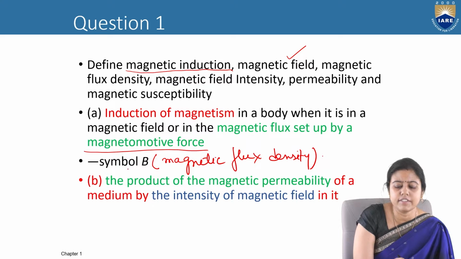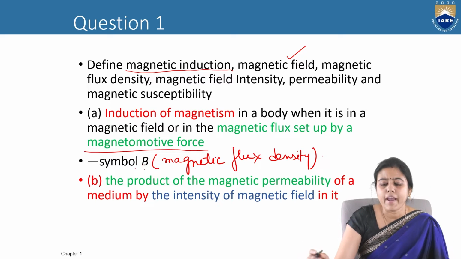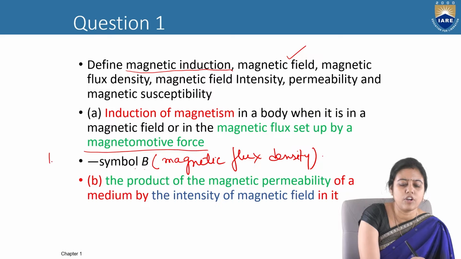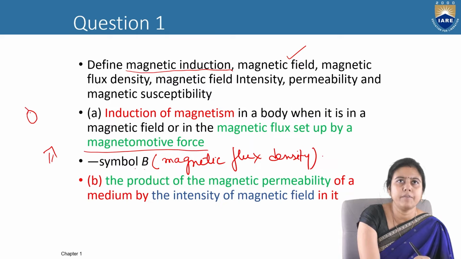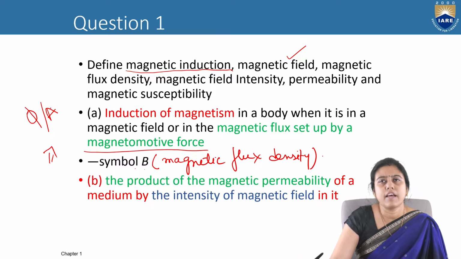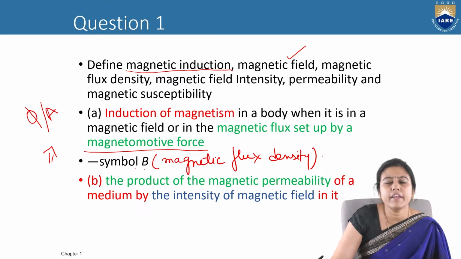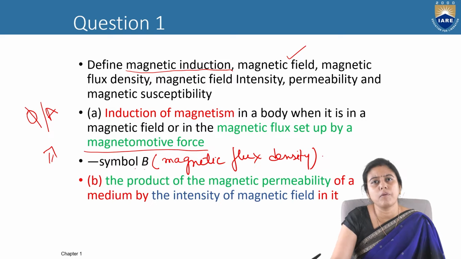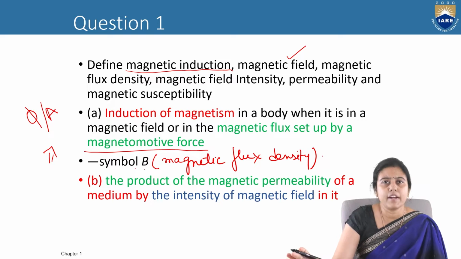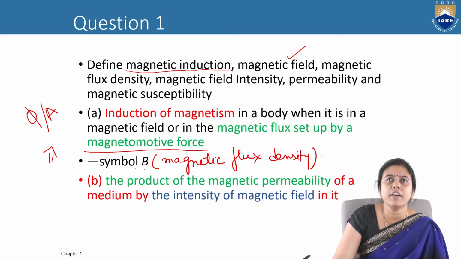Now, what is magnetic flux density? Magnetic flux density we write by B. Magnetic flux density is equal to the total magnetic flux, which we write by phi, divided by A, where A is the surface area. Magnetic flux is a fictitious quantity. This is not a practical quantity. What is the importance of magnetic flux?